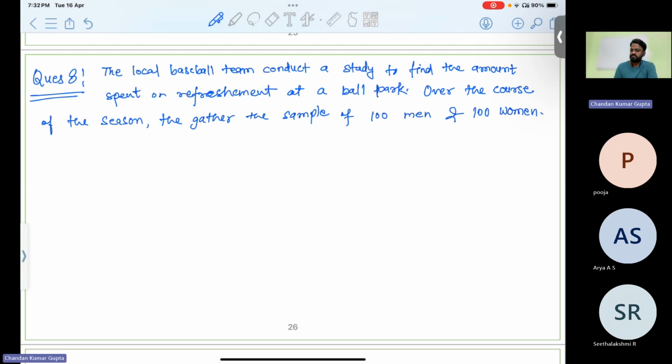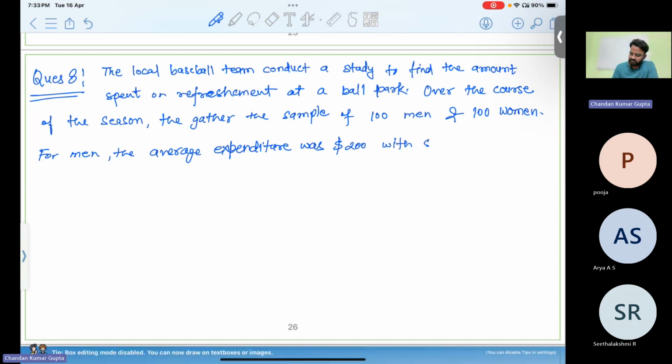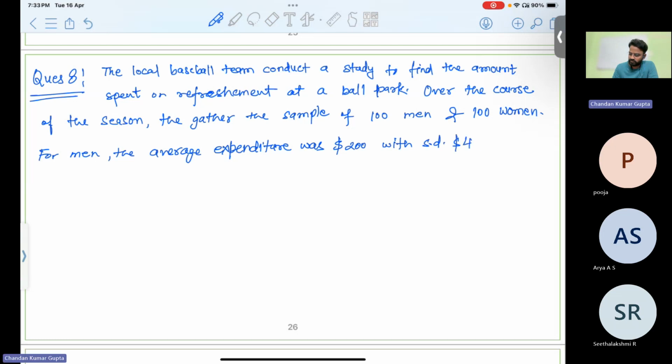From these random samples, we got some information. For men, the average expenditure was $200 with a standard deviation of $40.